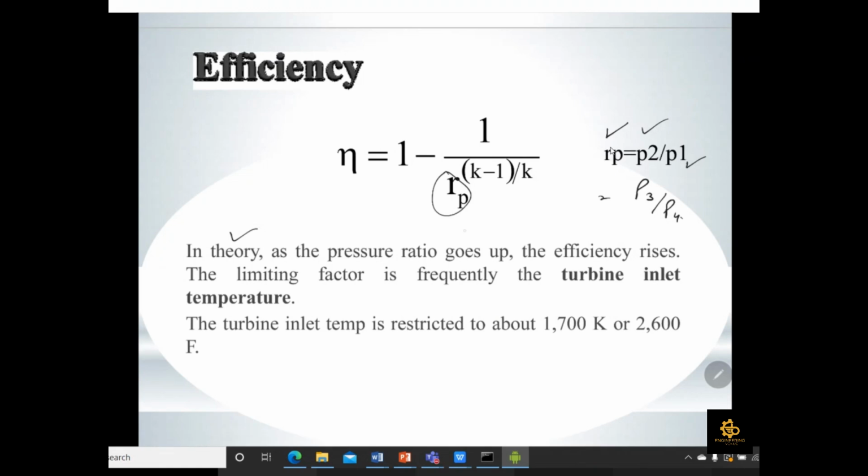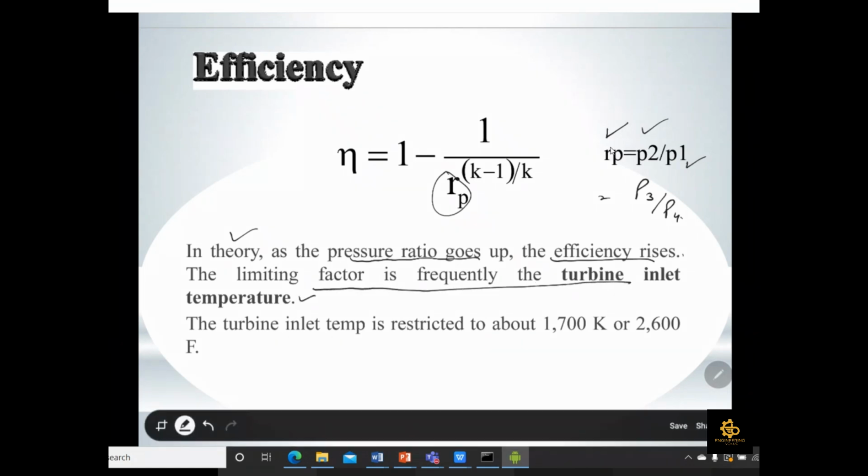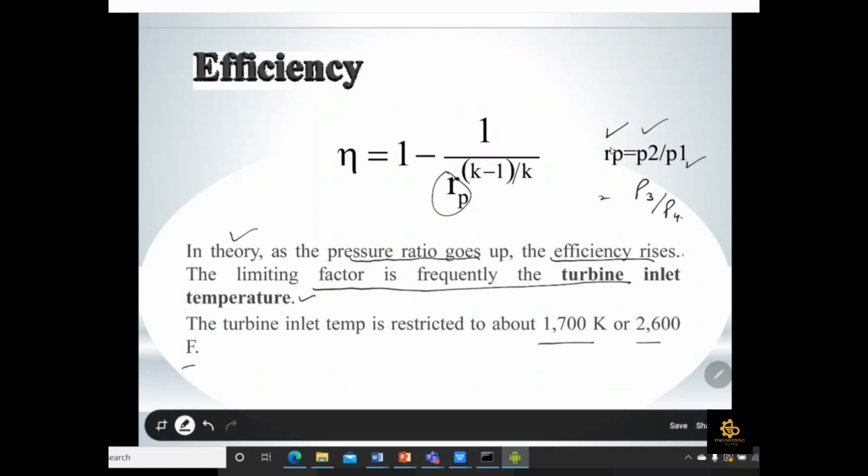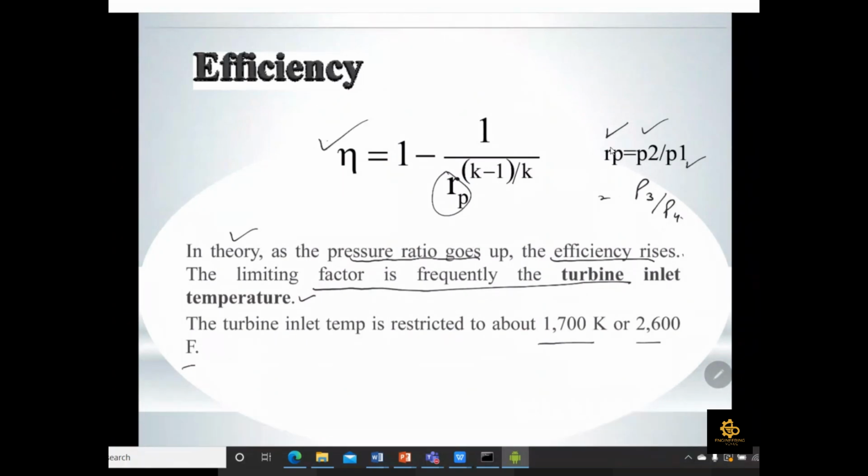Okay, so in theory, as the pressure ratio goes up, the efficiency rises. The limiting factor is frequently the turbine inlet temperature, and the turbine inlet temperature is restricted to about 1700 Kelvin, or 2600 Fahrenheit. Okay, so these are some things which you have to note. Okay.